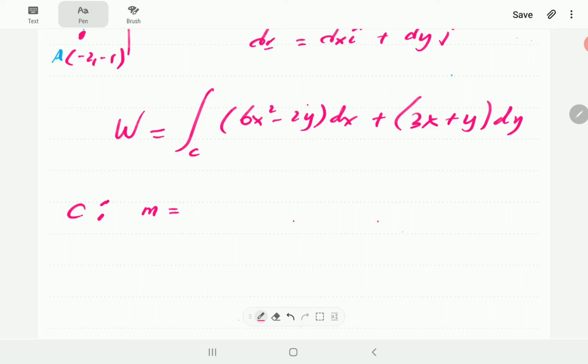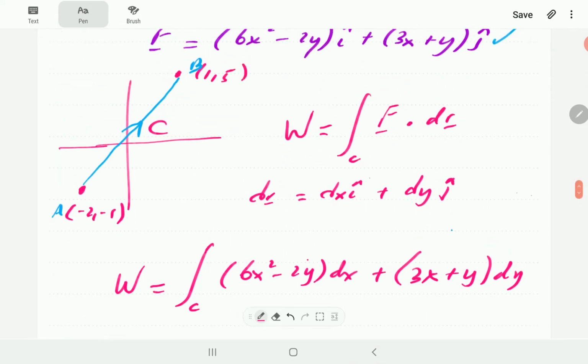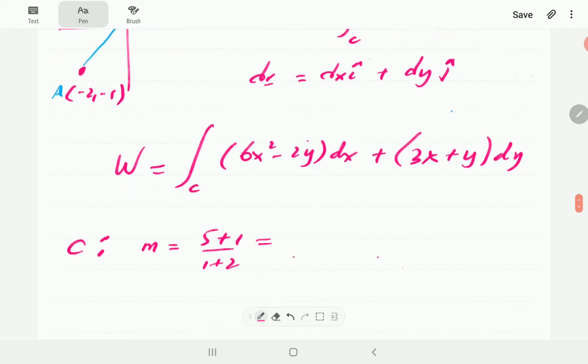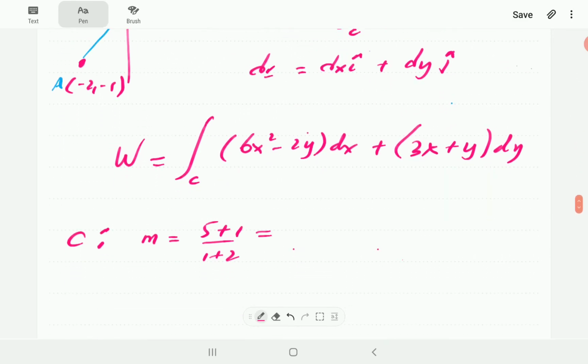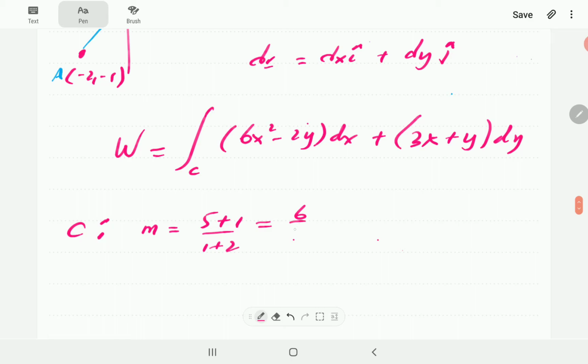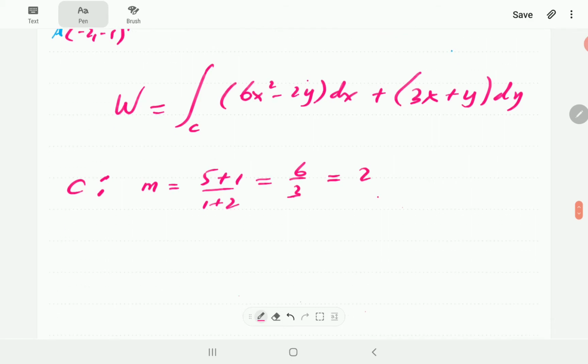So the first thing we want to do is to find the gradient of the straight line by doing difference in y over difference in x. So it's going to give us 6 over 3. That means our gradient is 2.